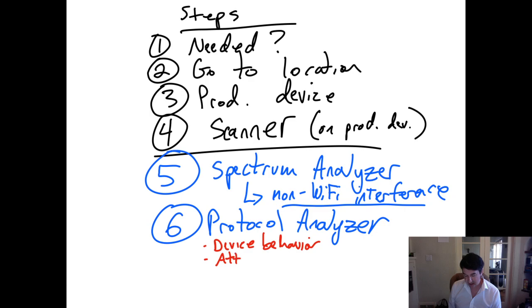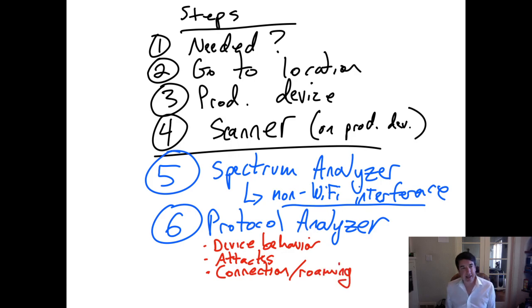You might be able to see that some type of attack is happening in your network by looking at the pattern of Wi-Fi traffic going across your network. You might look into the connection process or the roaming process. You might have to dig a little bit deeper into what's happening on your network, look at the actual packets, the actual frames that are being transmitted and received across your network to try to get an idea of whether there's a problem.